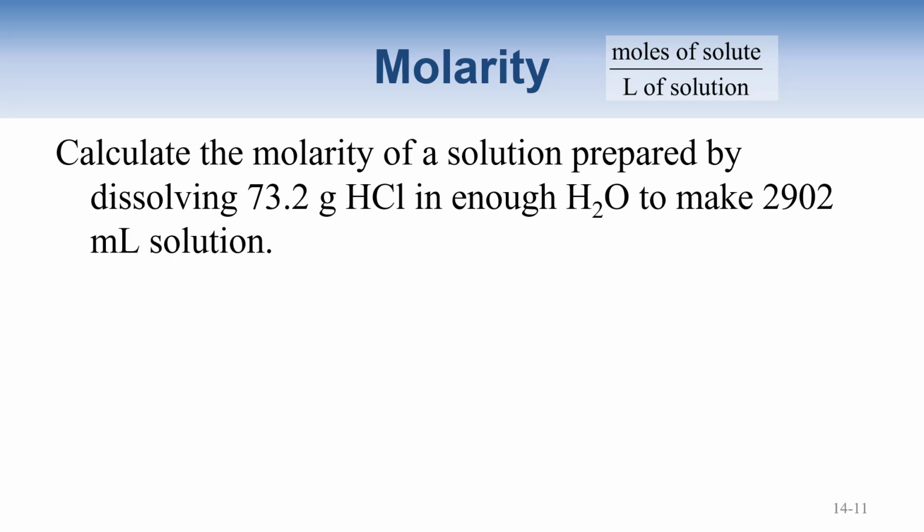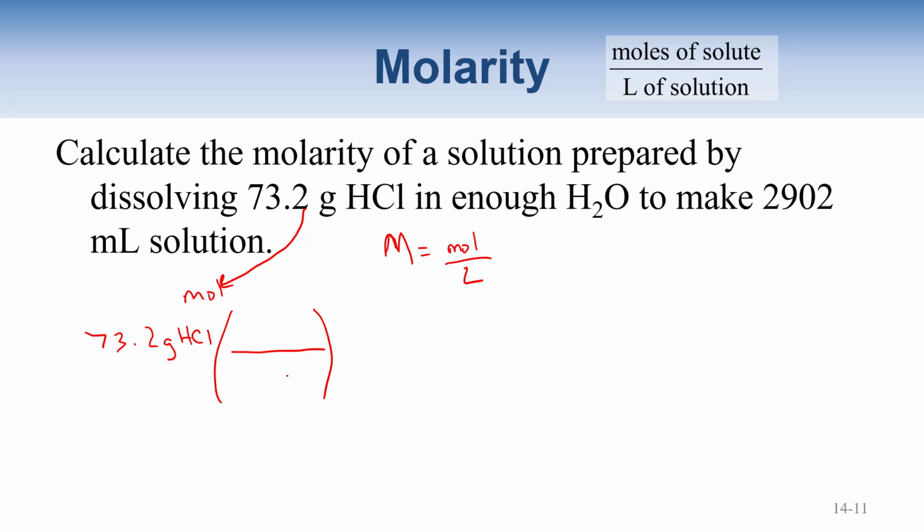So we have molarity, M, equals moles over liters. We're going to start by converting this one to moles. So we have 73.2 grams of HCl, grams of HCl, moles HCl. 1 mole is equal to the calculated mass from the periodic table.